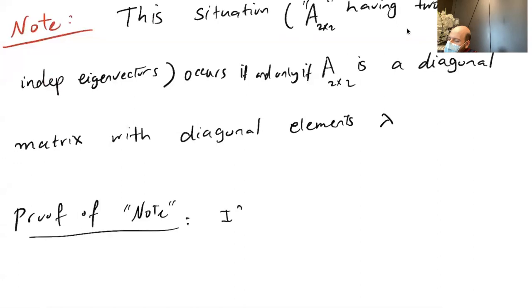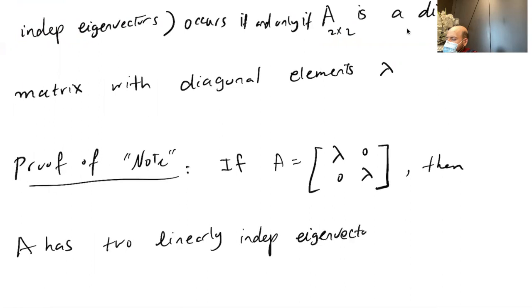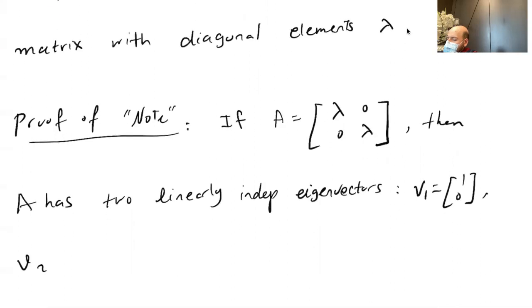So if A, let's say, is a diagonal matrix with diagonal elements lambda, then A has two linearly independent eigenvectors, V1, let's say, equals (1, 0), and V2 equals (0, 1).